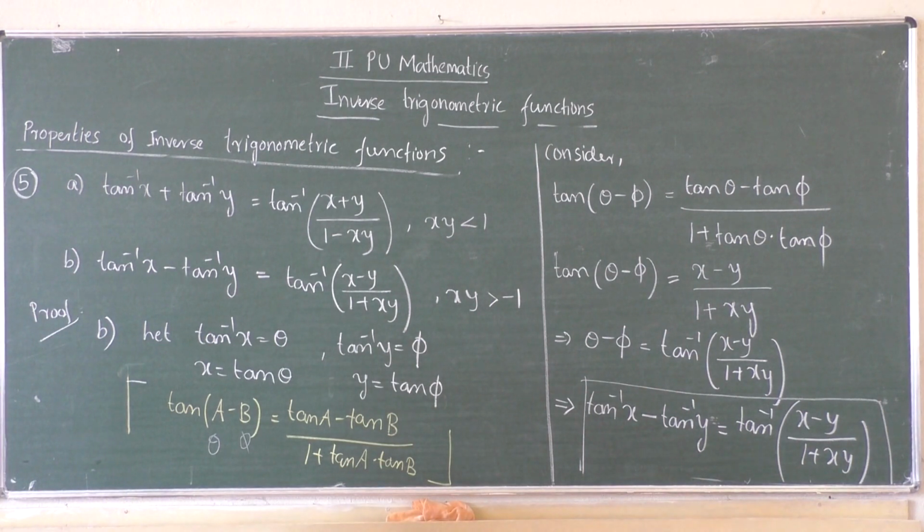So this is the second property under the fifth set. These two formulas are important. Problems based on these formulas will be asked for either 2 or 3 marks.